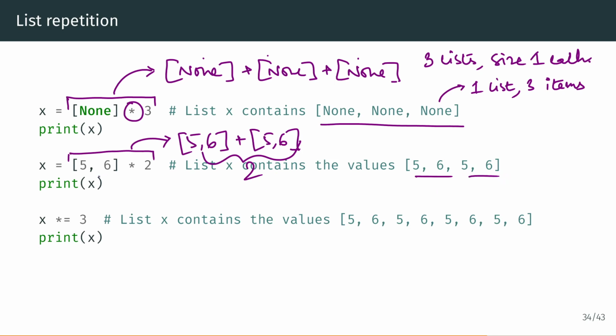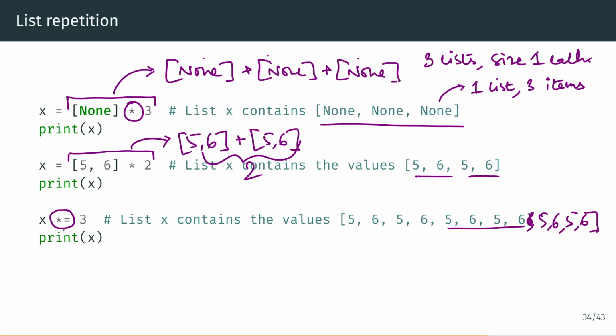Similarly, you could say x times equals 3, so the times equals also works. By the way, the earlier written result is a mistake; the correct answer is 5 6 repeated three times over.